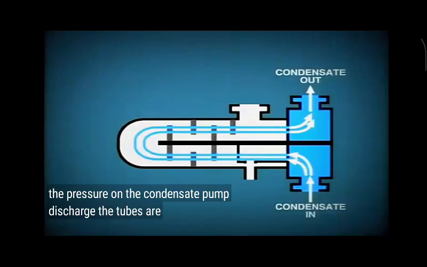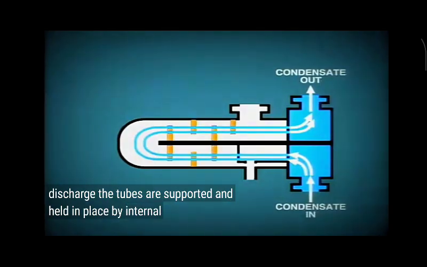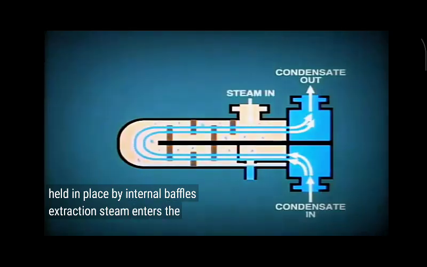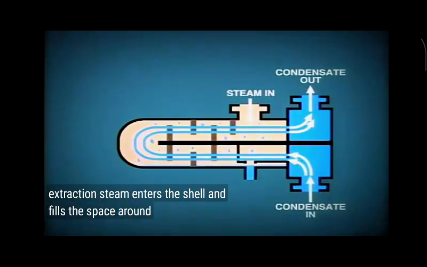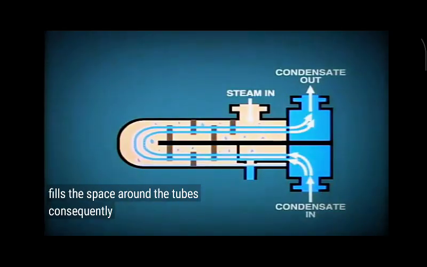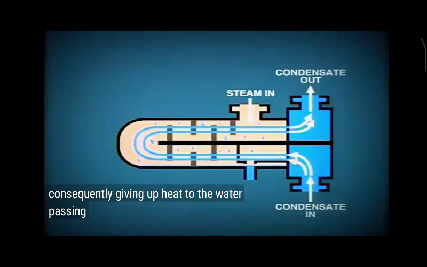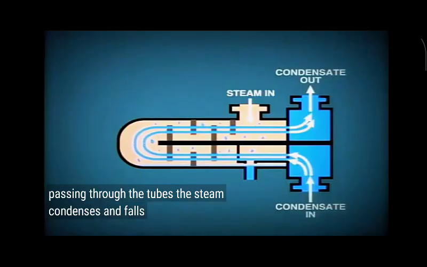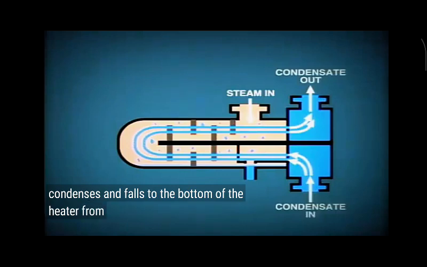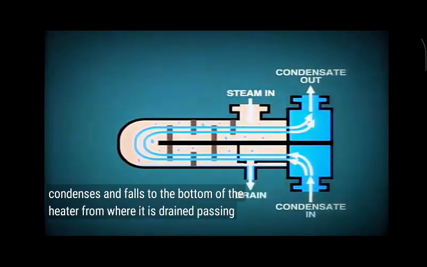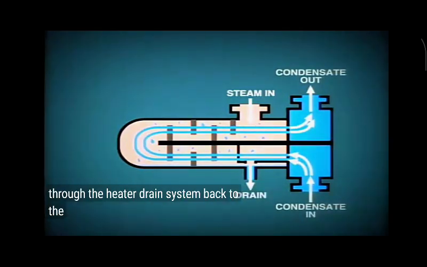The tubes are supported and held in place by internal baffles. Extraction steam enters the shell and fills the space around the tubes, consequently giving up heat to the water passing through the tubes. The steam condenses and falls to the bottom of the heater from where it is drained, passing through the heater drain system back to the condenser.